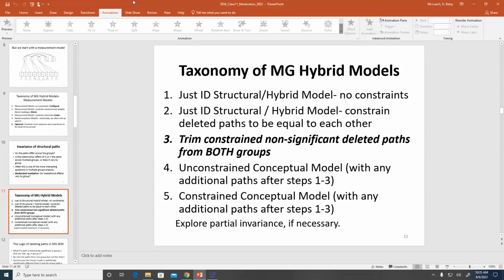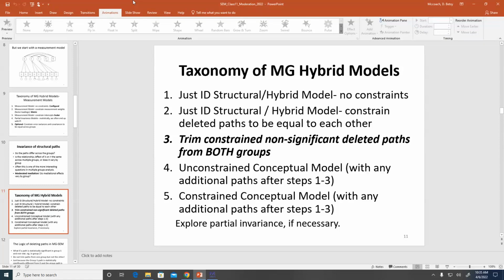So we're only talking about those conceptually omitted paths, just these 3 paths. First thing I do is constrain these to be equal. This is going to be model 2 in our output, because model 1 is the baseline, just identified model with no constraints. So I'm going to constrain the deleted paths to be equal to each other.